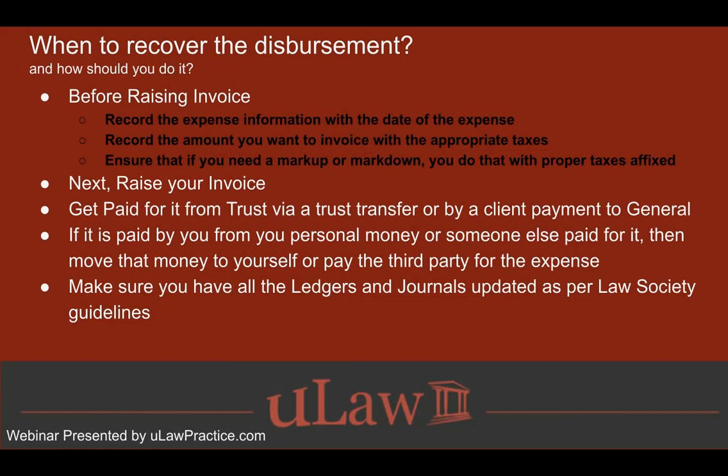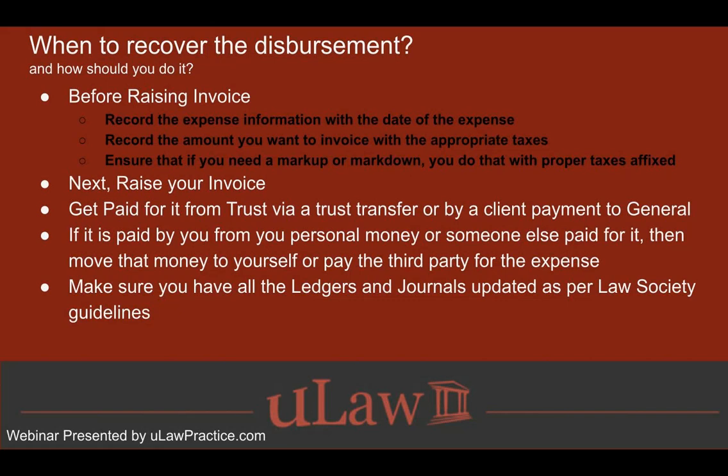When you invoice the client saying that, hey, I have disbursed $25 for making a photocopy payment or for courier charges or for filing fees, whatever it could be, I have made this payment on behalf of you as a disbursement from my general account.